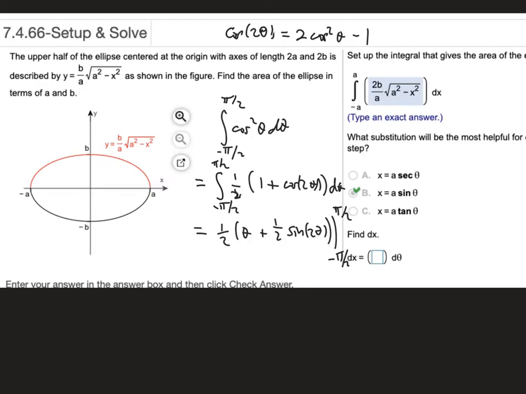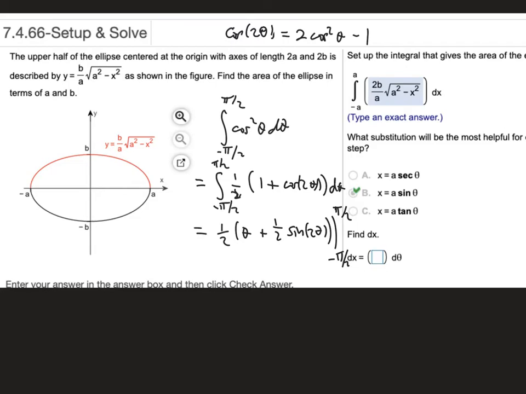So to me, it's easier to write this down and just think a second about, is this really the right way around? The derivative of theta is 1. The derivative of 1/2 sine 2 theta is positive cosine 2 theta. So if I think of the derivative of this as this, I feel pretty good about that.